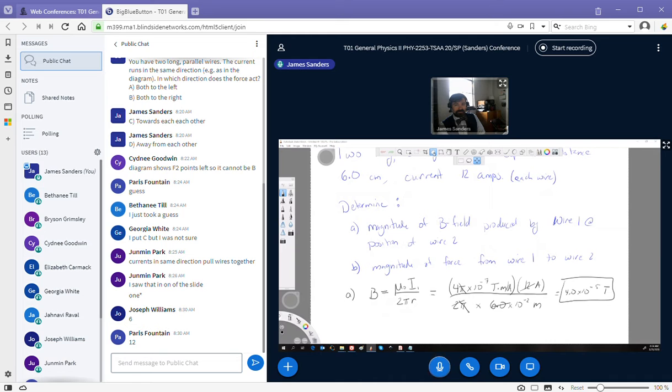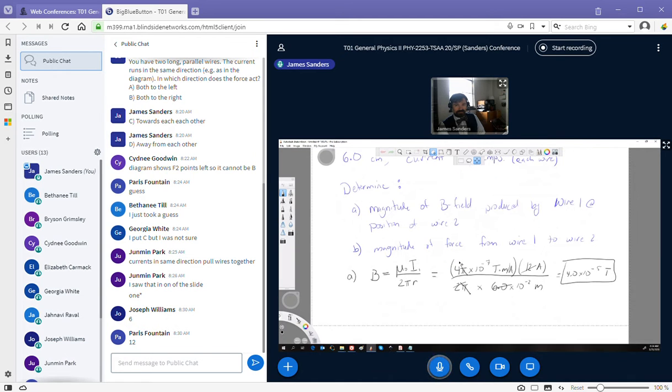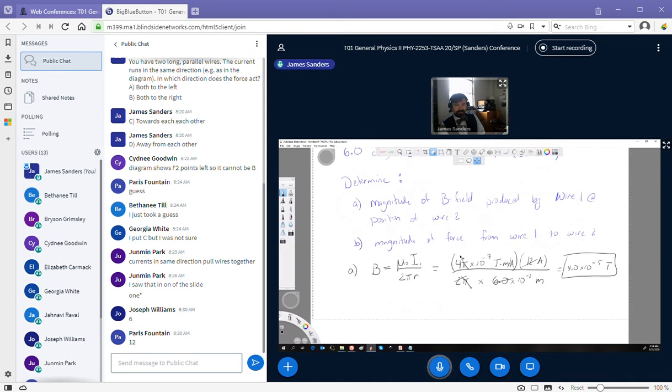All right, so now we got to do part B. Part B is figure out the magnitude of the force. So this is per unit length, since I haven't specified any lengths.